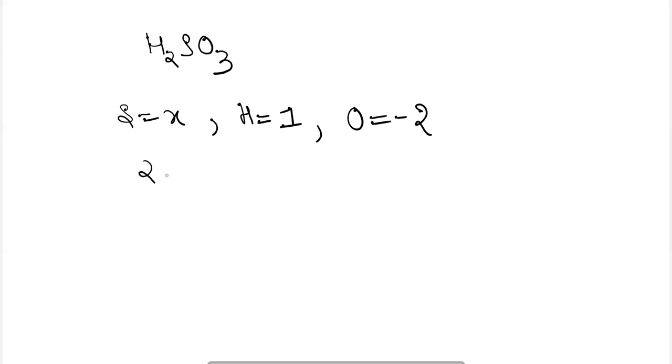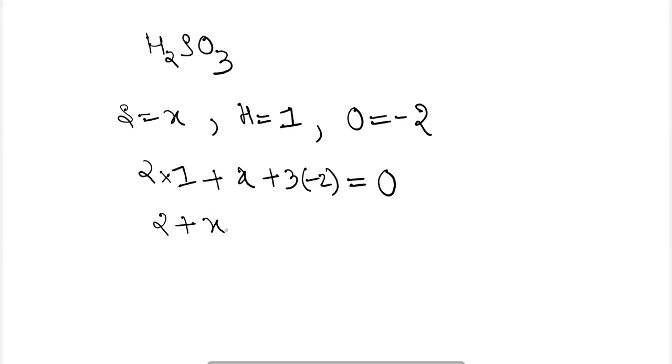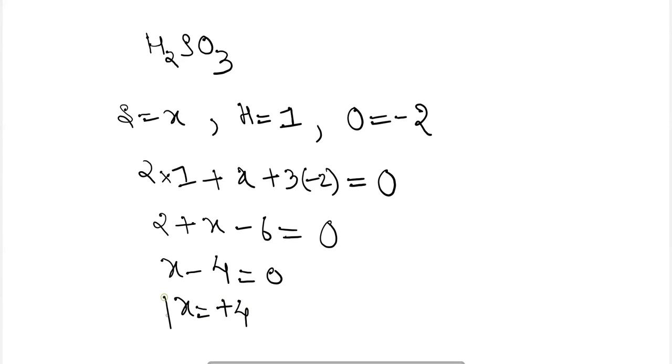Then X can be calculated by this formula: 2 into 1 plus X plus 3 into -2 is equal to 0. So 2 plus X minus 6 is equal to 0, so X minus 4 is equal to 0. So the value of X is +4. It means that the oxidation state for sulfur here is +4.